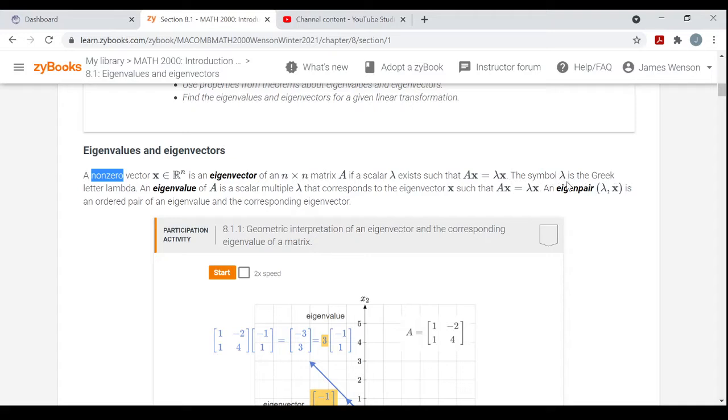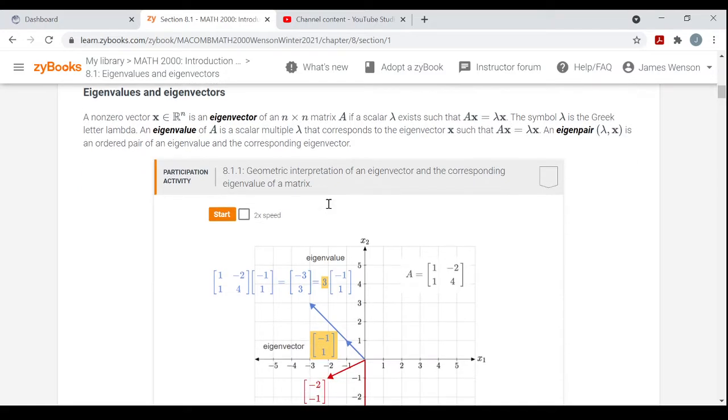An eigenvalue of A is this scalar lambda that corresponds to the eigenvector x, such that Ax equals lambda x. An eigenpair, lambda comma x, is an ordered pair of an eigenvalue and the corresponding eigenvector.